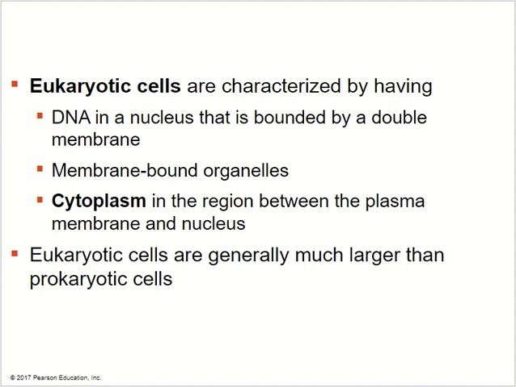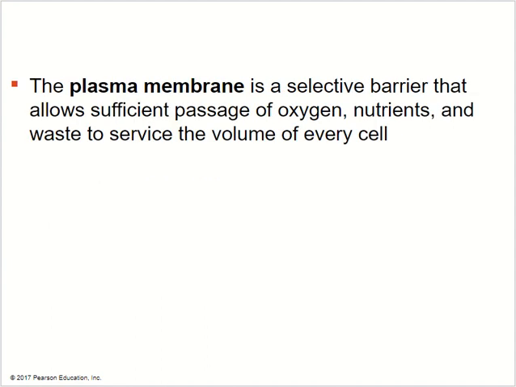Eukaryotic cells are generally much larger than prokaryotic cells. The plasma membrane is a selective barrier that allows sufficient passage of oxygen and nutrients and waste to service the volume of every cell.